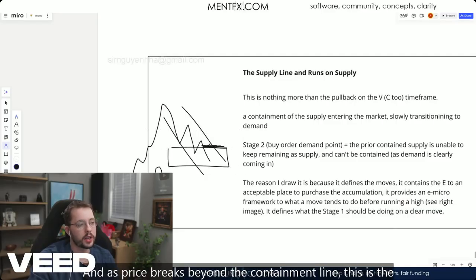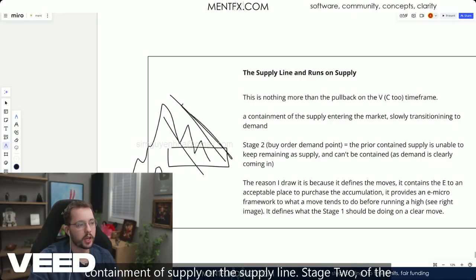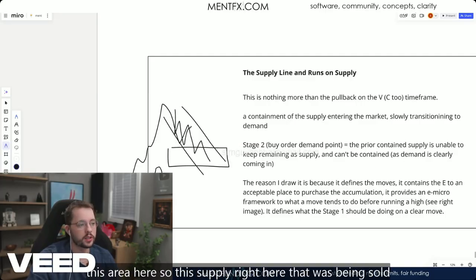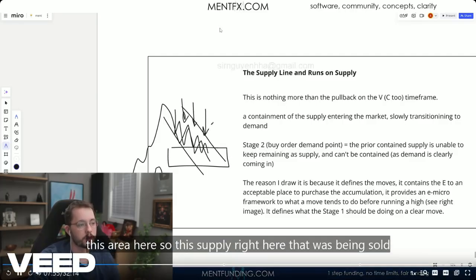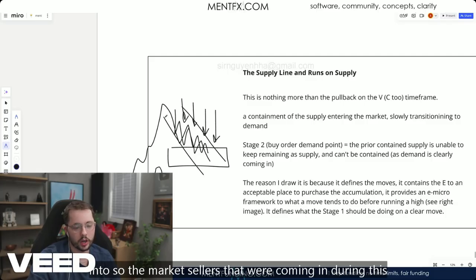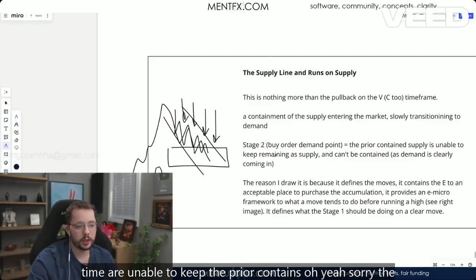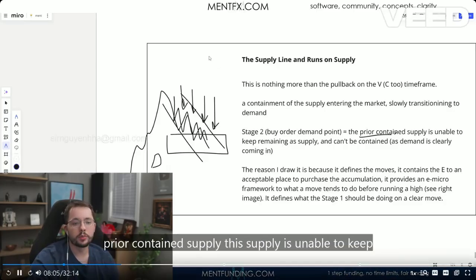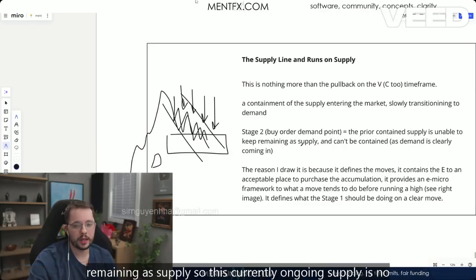And as price breaks beyond the containment line, this is the containment of supply, or the supply line. Stage 2, or the buy order demand point, so through this point, the prior contained supply, which is this area here, this supply right here that was being sold into, the market sellers that were coming in during this time, are unable to keep remaining as supply.